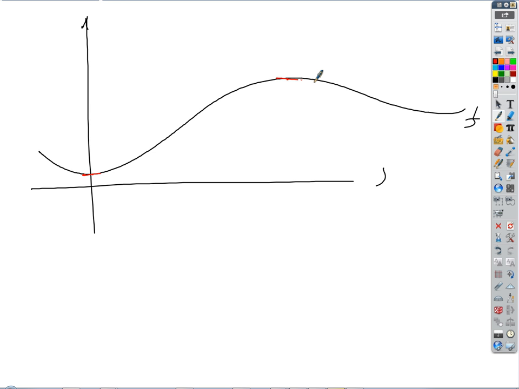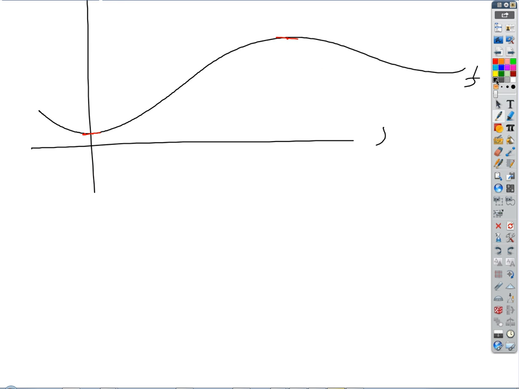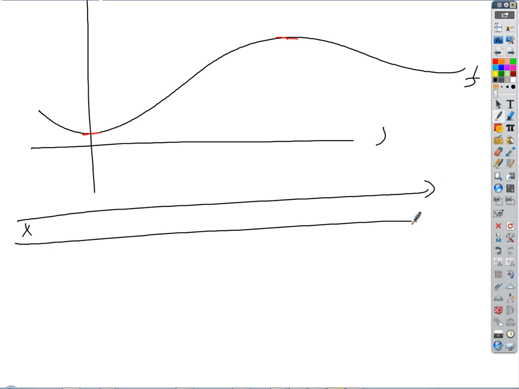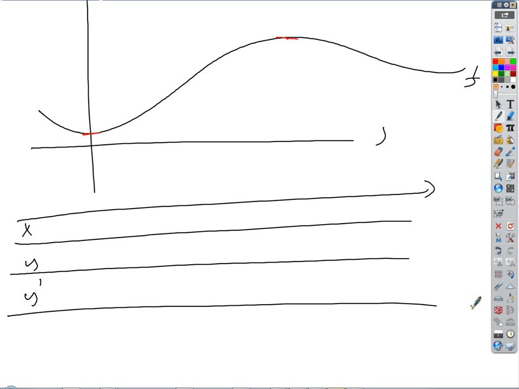Okay, so if we were to look at this in terms of our table, here's our table. So we've got x, y (we don't care about y), and y prime. Whatever this value is here, we can infer it's probably 0, but we don't even care.